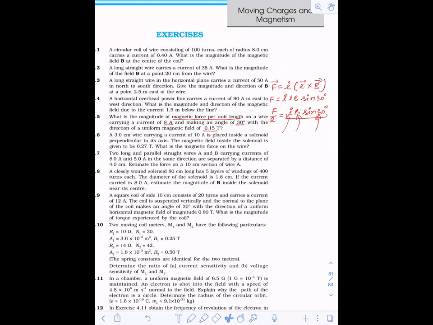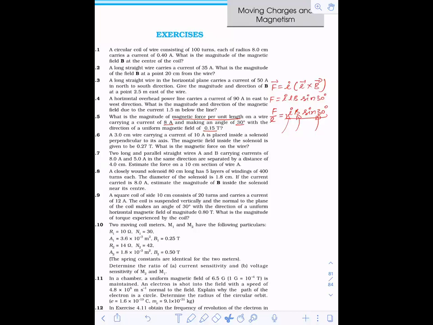I hope you are getting 0.6. So 8 into 0.15 and 1 by 2. Okay, correct.